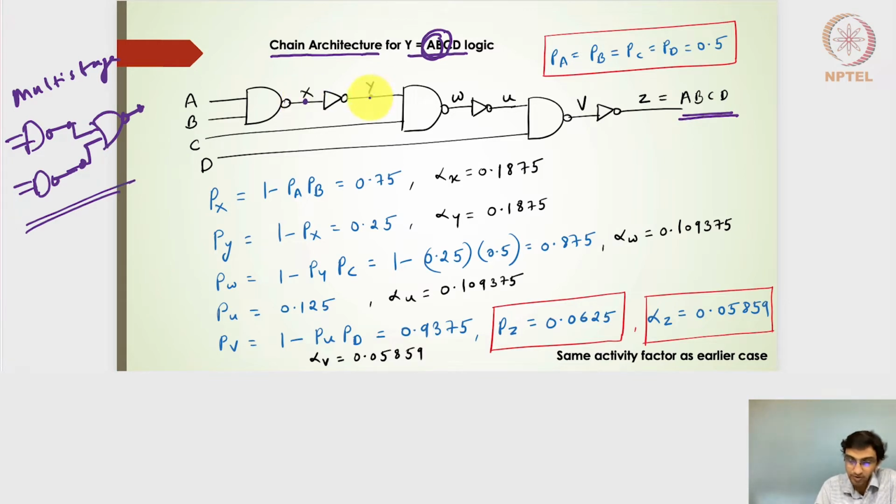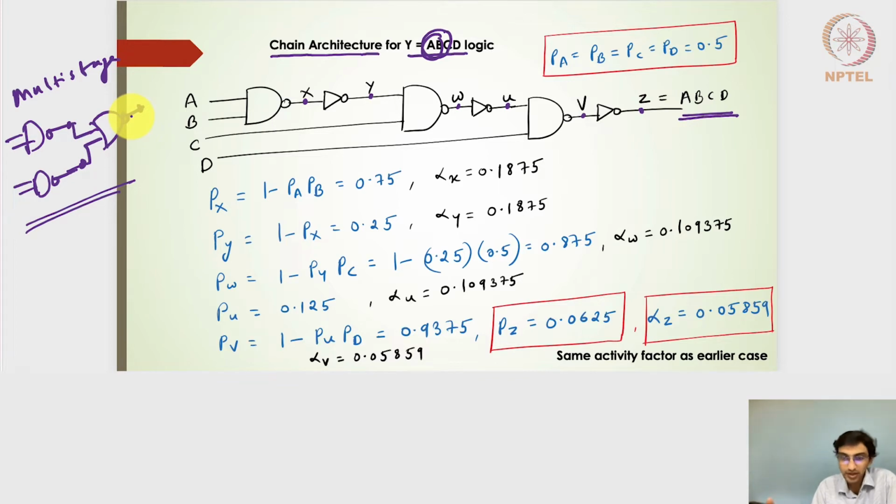There is an X output node, a Y output node, a W, a U output node, a V output node, and a Z output node. So in fact, the number of output nodes where I need to estimate the alphas and the capacitances turns out to be 6 in this chain architecture, whereas in the multi-stage it is nothing but 3.